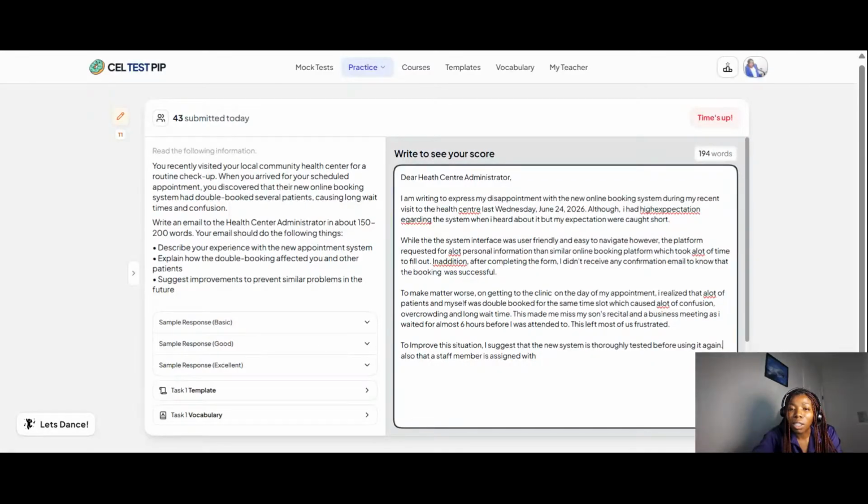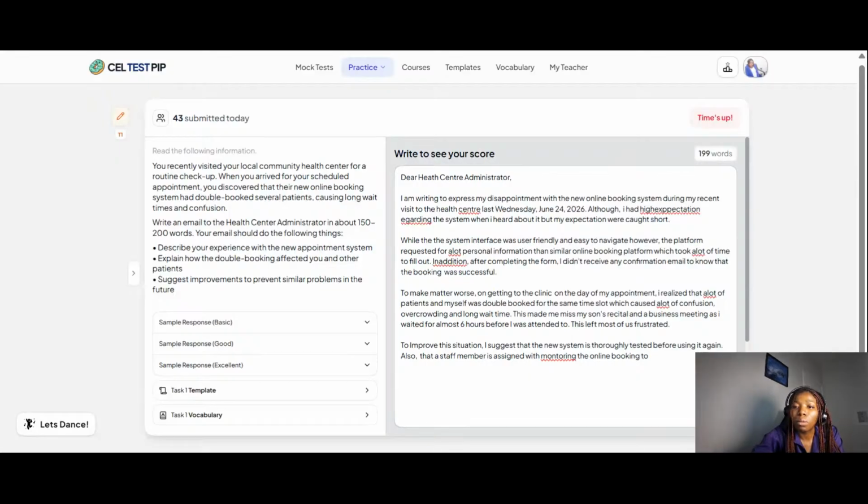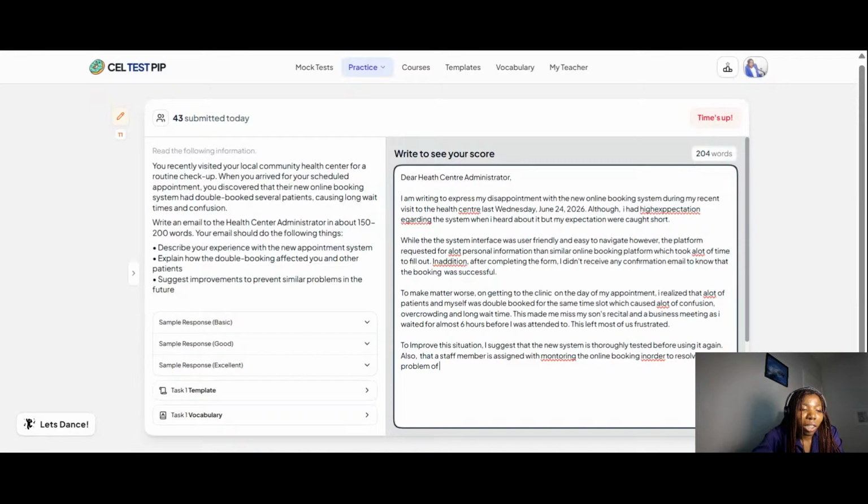In addition, also, a staff member is assigned to double check the online bookings in order to resolve any problem of double booking before the appointment date.